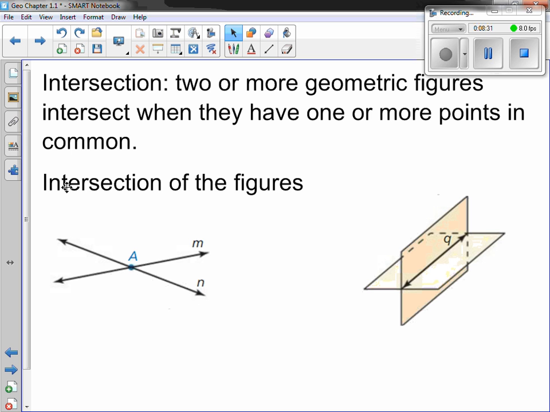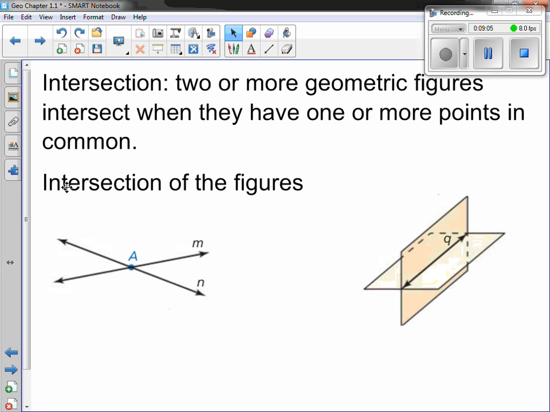So for these 2 lines here, their intersection is at where? At point A. They intersect at point A. The 2 planes intersect at line Q. So that's why they say 1 or more points. For these 2 planes, how many points do they intersect at? That's a whole line.